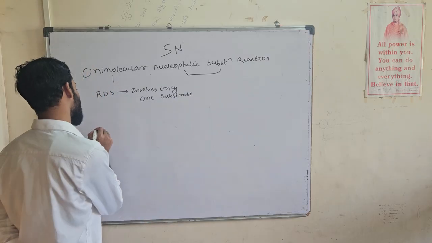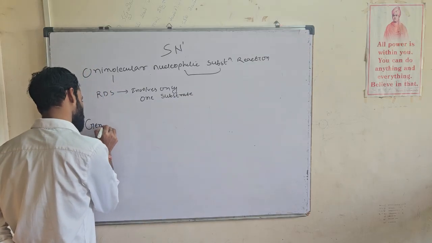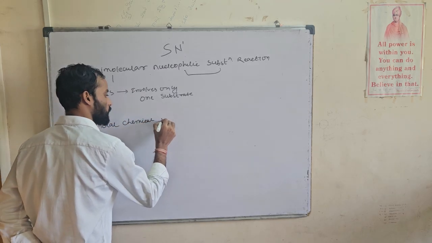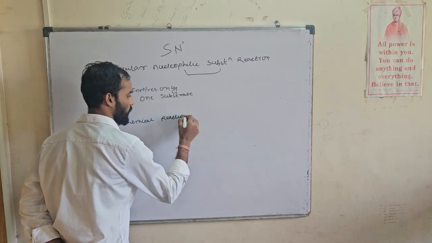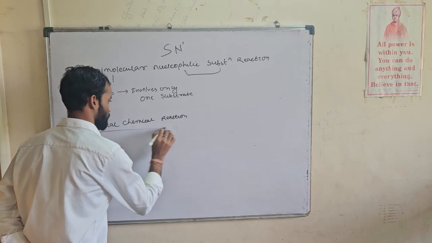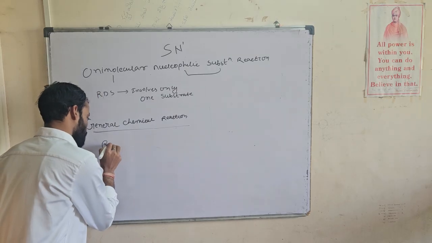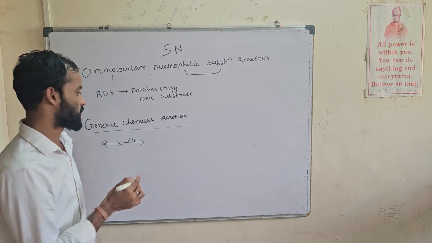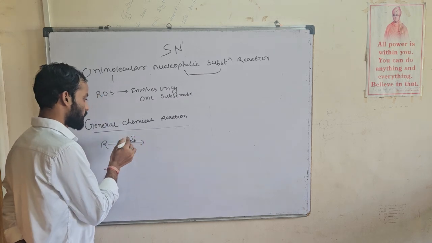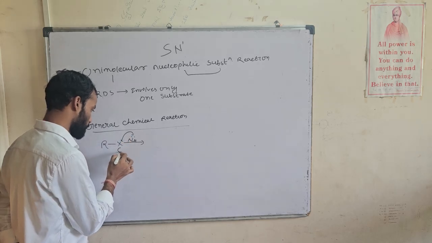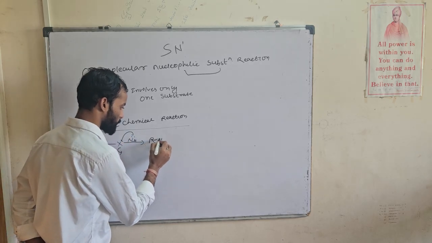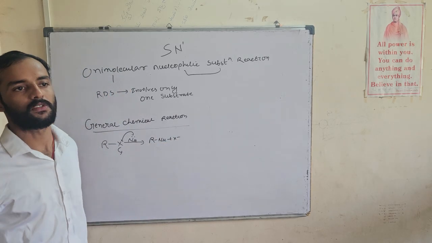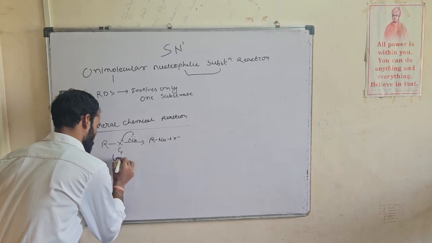Let's write a general chemical reaction of the SN1 reaction, which follows that when we treat alkyl halide with a nucleophile, which is electron rich in nature, this nucleophile is going to replace this X group and it will form R-Nu with the elimination of X minus. Since X is departing from the substrate, we call it the leaving group.